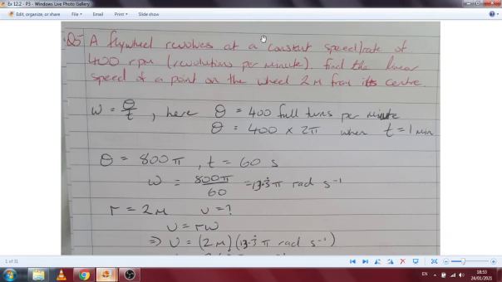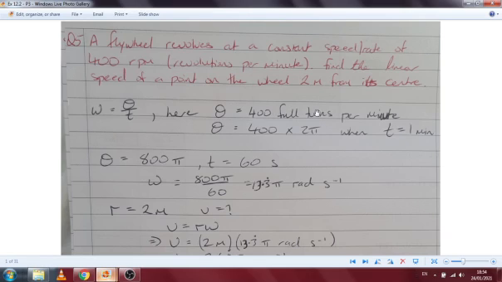So again, some of the information here is encrypted. We're given the constant speed, so we've got to break down our information. So it's traveling at a constant speed of 400 RPM. So that means for our angle, and again that's the hidden thing, it's going around 400 times in a minute.